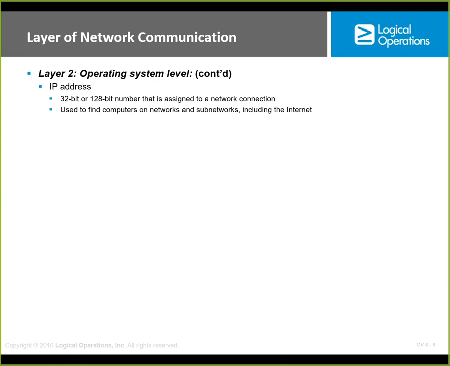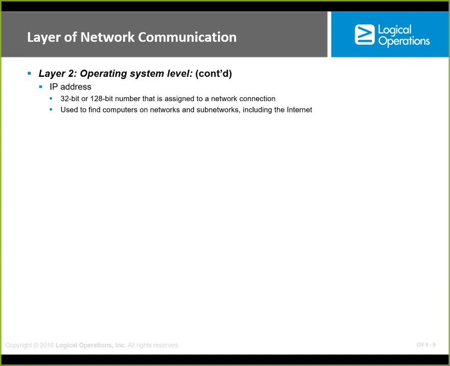32-bit IP address, or 128-bit. Let's just say that that's that. I've got some examples of what that means here in a few minutes. But 32 bits is 32 ones and zeros, 8 bits per grouping.